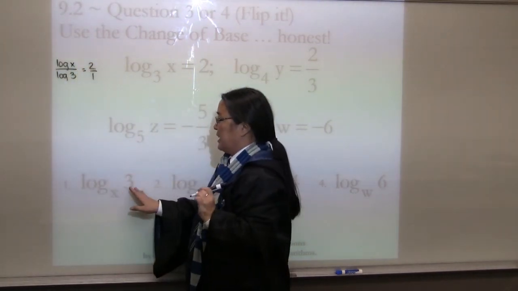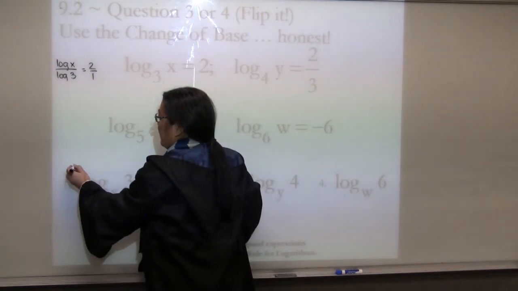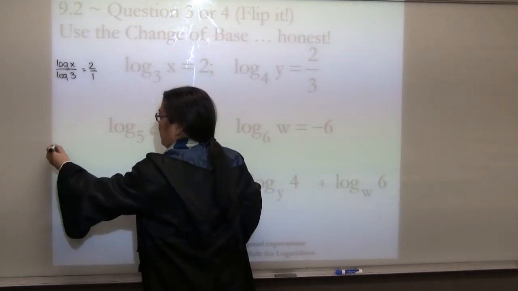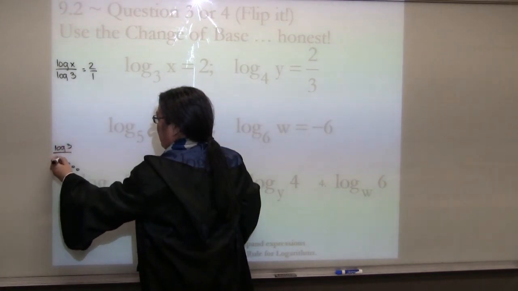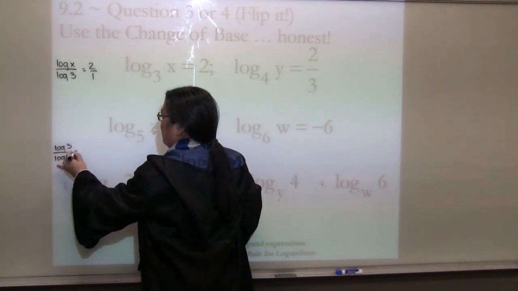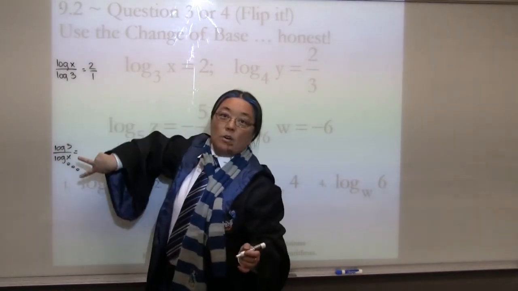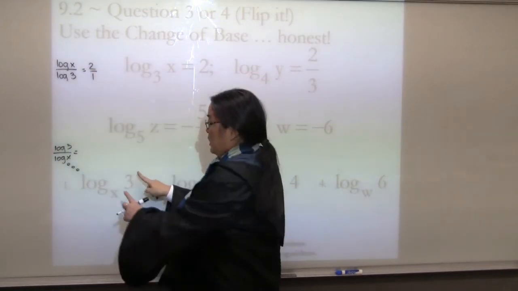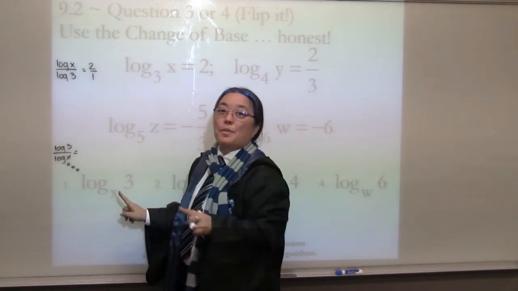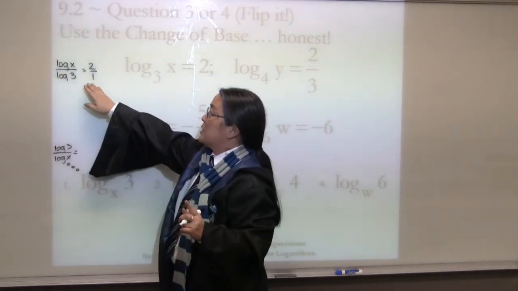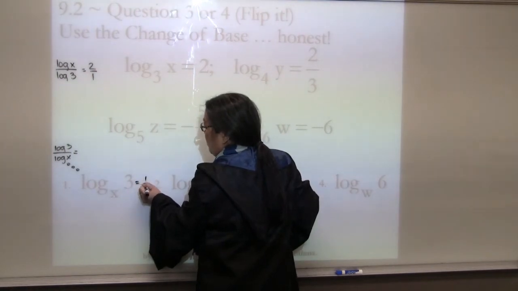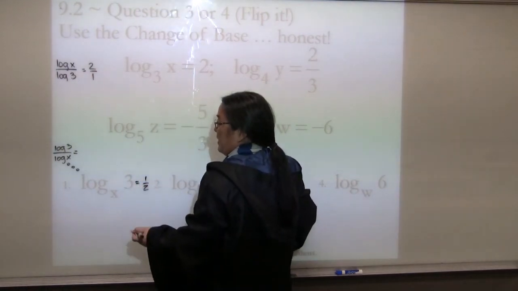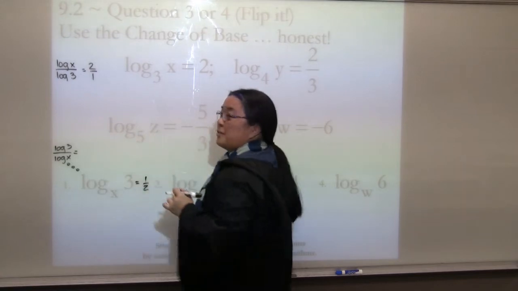If we were to look at this, this would give you log of 3 on the top and log x on the bottom. It's the same thing, only the reciprocal, because we took these two and we swapped them. So all you're going to do is the reciprocal, and I am okay with you just writing equals 1/2. You do not have to write this, you do not have to write that.